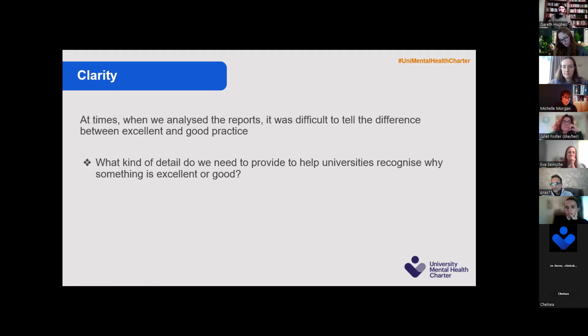They don't have the reference to the rest of the sector. They can't see how it measures up against other things. Being able to say not just that this is excellent, but why it's excellent, what it is about this that's important, I think then helps that excellent thing be defended and protected when changes are happening in the university in future.